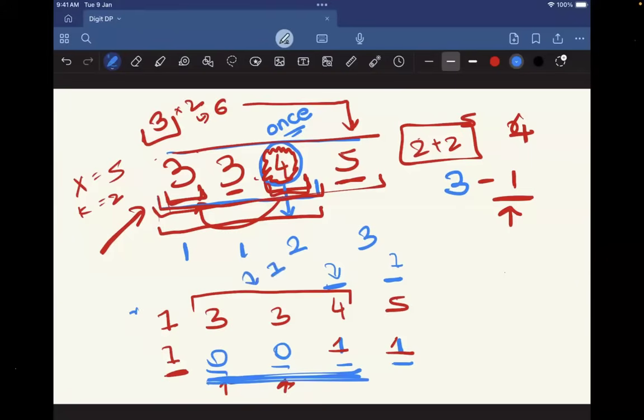So how can I find this? Since I have put ones here, do you agree it's just the sum of elements in this range? Yes or no, guys? Tell me. I hope this is clear with everyone, that whichever elements occur exactly once, below them I have put a 1, and in all the other places I put a 0.